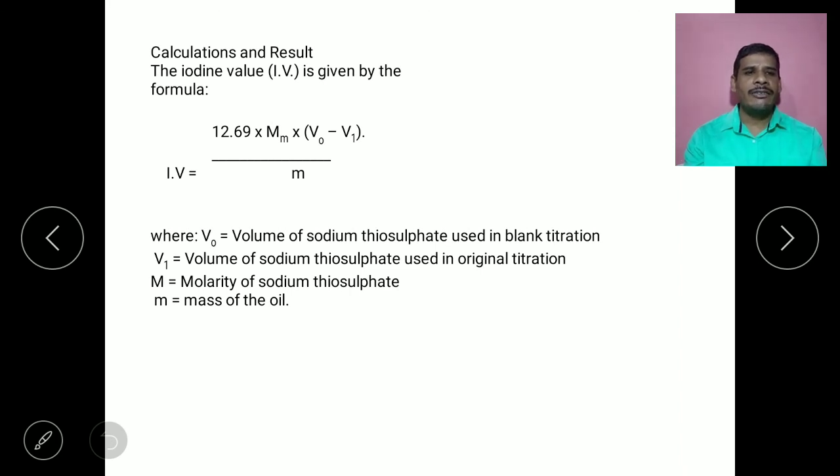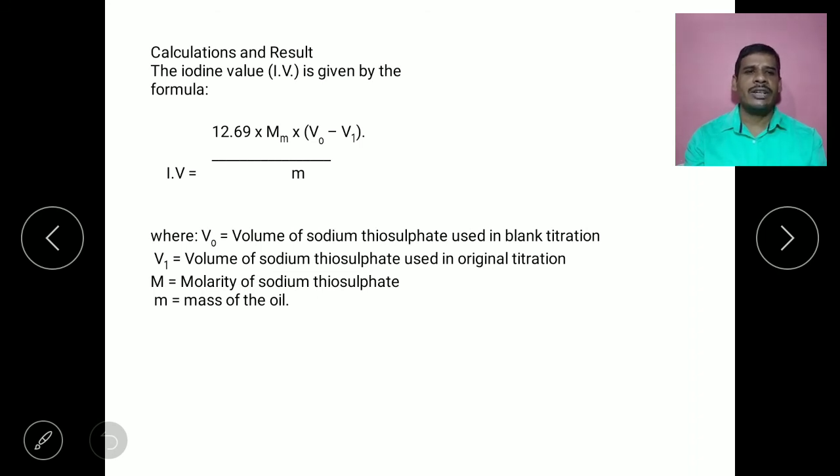If the oil contains very few carbon-carbon double bonds, such types of oil can easily be converted into fats. But if a larger number of carbon-carbon double bonds are present, such oil cannot easily be converted into vanaspati ghee. In this way the determination of the iodine value is very important for further study of oils or fats.